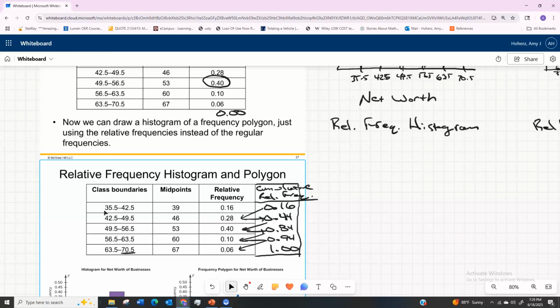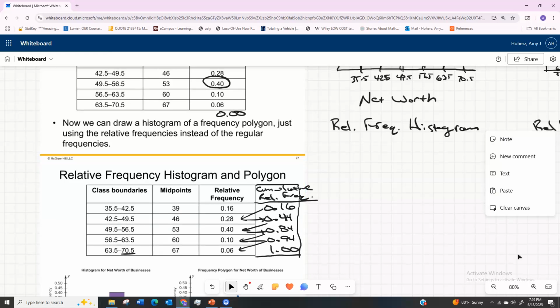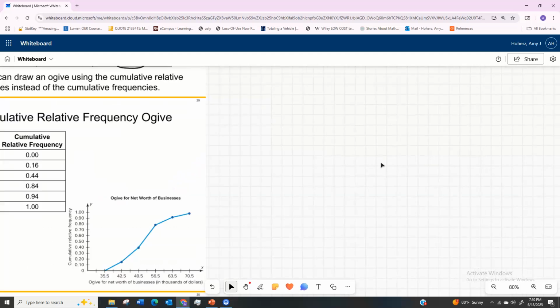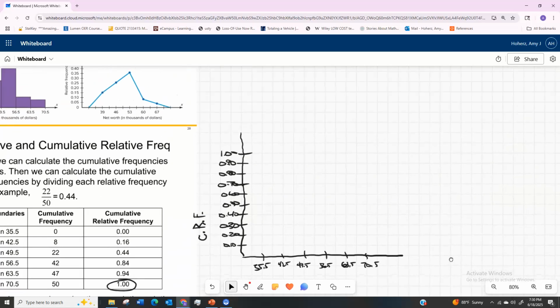So we don't have any values that are 35.5 or less. So that's our anchor point. Okay, so our anchor point is at 35.5.